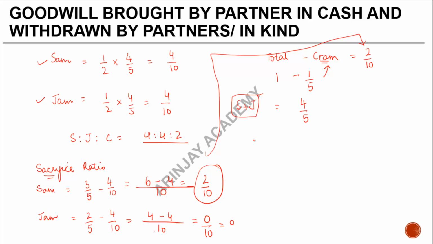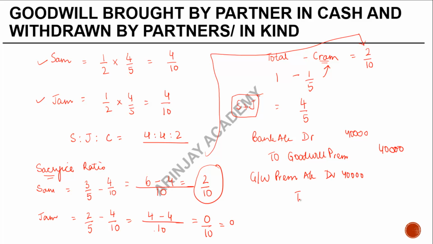So if you have to pass the journal entries, the first one will be bank account debit for the receipt of the premium for goodwill to goodwill premium account 40,000, and then this goodwill premium account will be debited by this 40,000 and Sam will be credited by 40,000 for this amount.